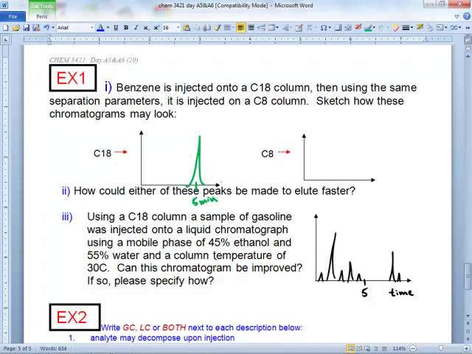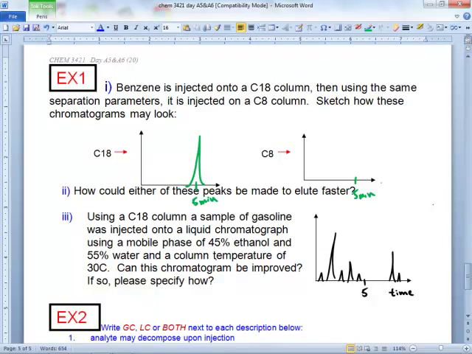Let's pick on Miriam. How many peaks did you draw in the C8 answer? Good. She just drew one peak. Kathleen, I'm going to draw one peak. Where should I draw it, Kathleen? If this is 5 minutes, where did you draw it?